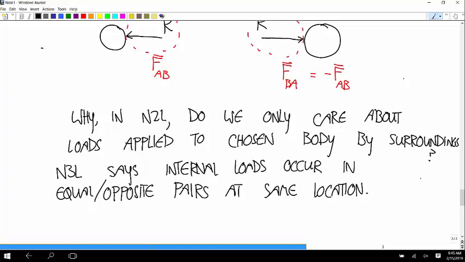So those two forces cancel out. And that happens with every internal force. When you get to the boundary, though, the surroundings, like the pig, is applying a force to the truck. The truck's applying an equal and opposite force to the pig, but the pig is not part of the truck. So you only get half of that pair in your body. And that's why the only stuff that we care about is the stuff happening at the boundary and gravity.